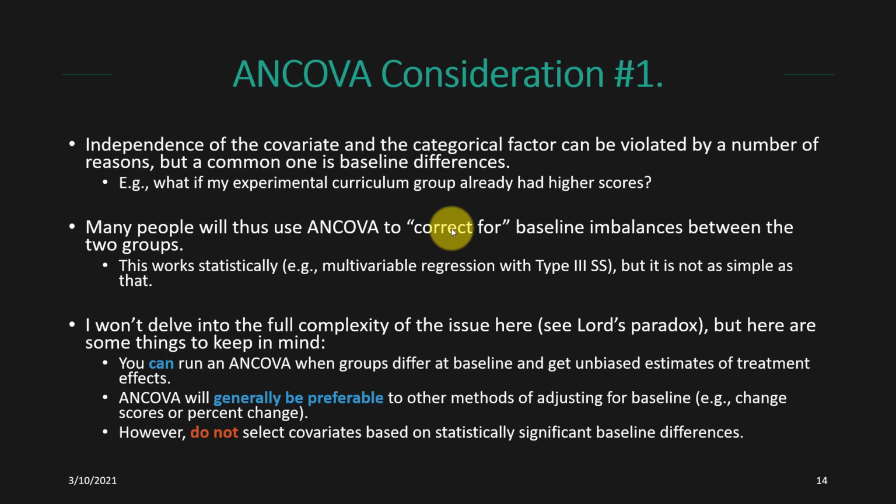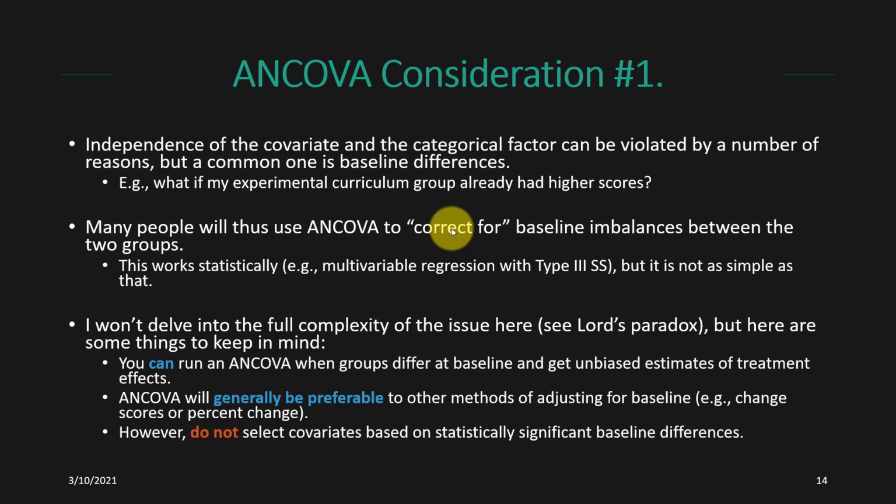First is that you can run an analysis of covariance when groups differ at baseline, and this can give you unbiased estimates of your treatment effects. It is important to check some of the other assumptions that we'll talk about in a moment. But this definitely can be done. And ANCOVA is generally going to be preferable to other methods of adjusting for baseline.